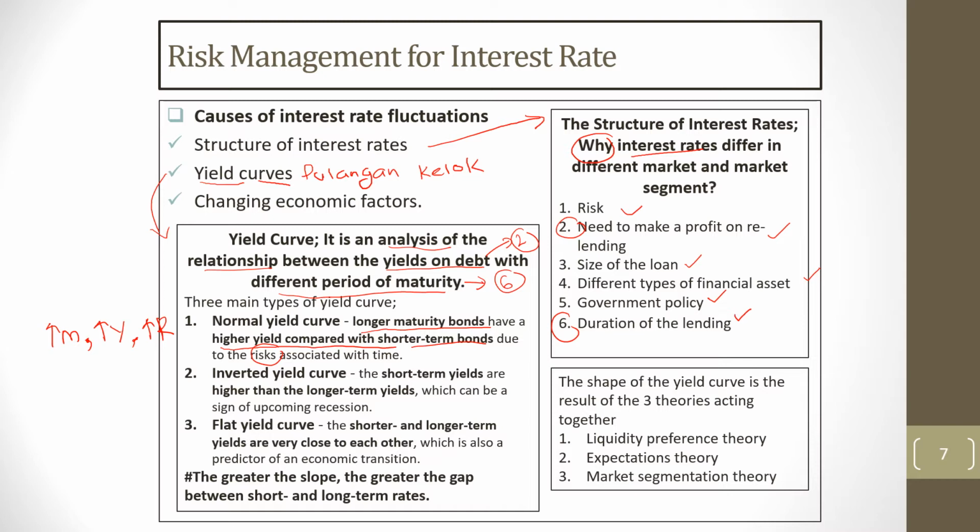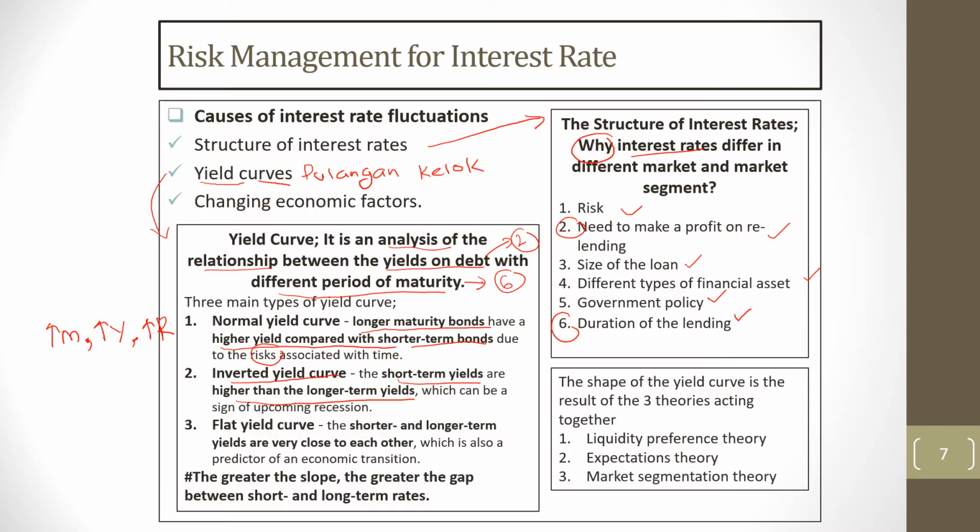Untuk second is inverted yield curve. Inverted yield curve means that the short term yield is higher than the longer term yield. Okay, maksud dia, apa yang kita boleh kata, inverted ni dia berbeza dari normal yield. Inverted ni dia kata short term yield adalah higher than the longer term yield.